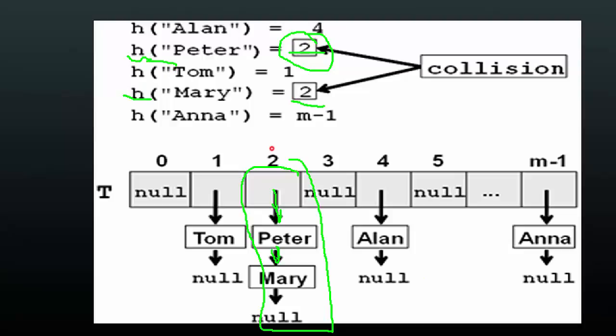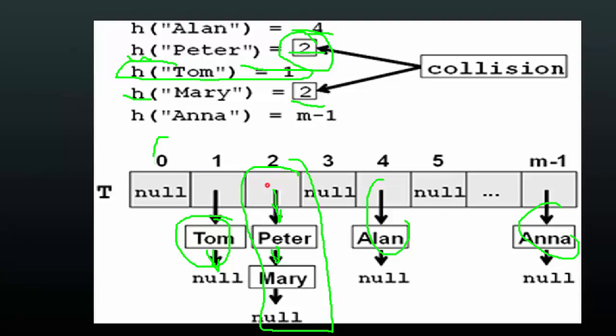Okay, so Tom is at 1, so he's here, and then his next is null because we don't have any collisions, and the same goes for Alan, which is at 4, the same goes for Anna, which is at null, and then we have some values which are not filled, right?